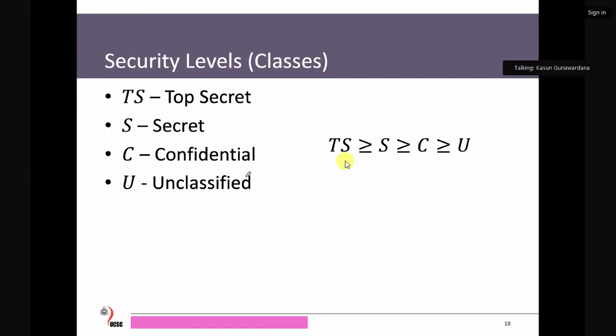Top secret data is the most sensitive data in the organization, so it has higher sensitivity and more dominance over other levels. Next come secret, confidential, and unclassified, and the level of sensitivity decreases. That is what we show here.